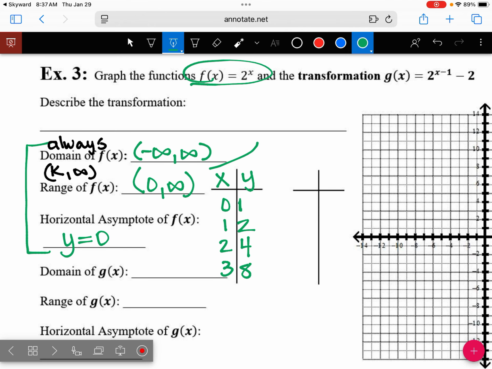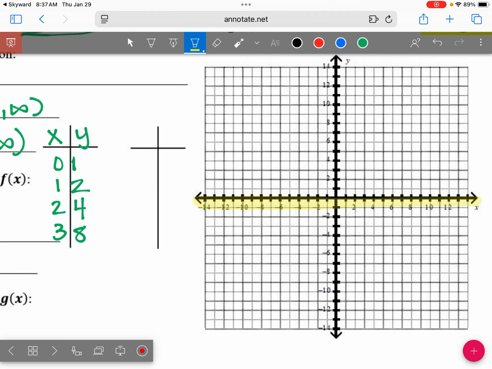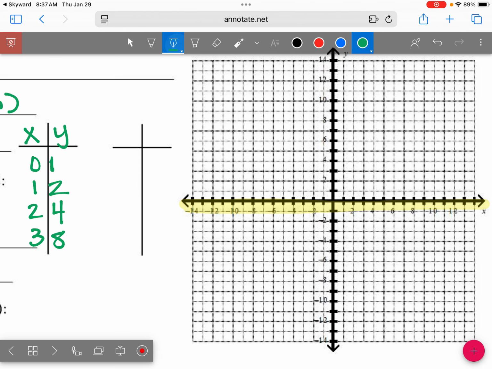So when I'm graphing this first one, it cannot cross or touch the x-axis. That's my boundary. So let's go ahead and graph it. We're going to put a point at 0, 1, 1, 2, 2, 4, 3, 8.